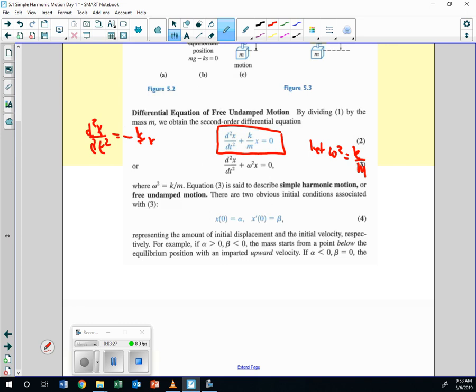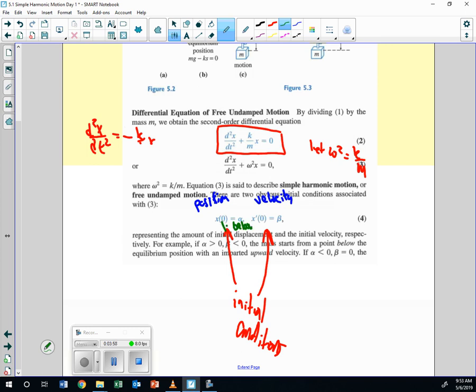A couple of quick little things here for initial conditions. What we have here is the position and the velocity, original velocity. This alpha, if it's positive, it's going to mean it starts below.